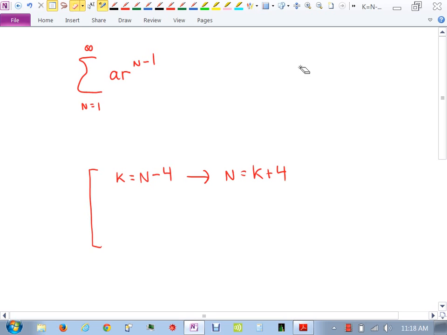All right, I want that to start at n equals 5, right? Maybe it'll help if we just say, what would I need to add to this to make it a 5? 4. So over here, next to n, if I had a minus 4, I could add 4 to both sides, right?